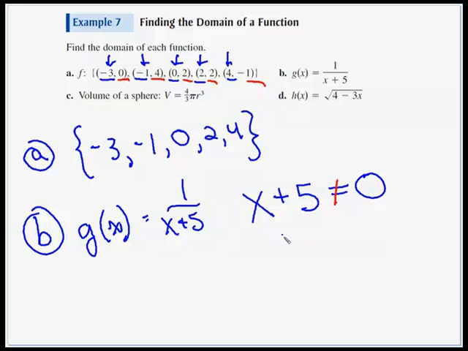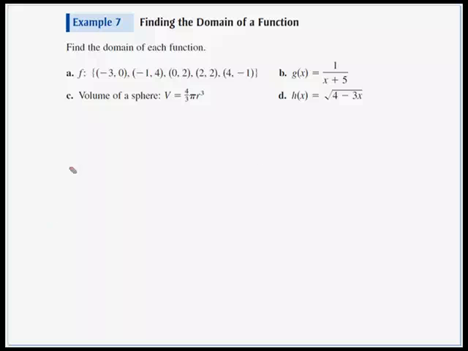To solve for x, subtract 5 from each side. x does not equal -5. All other numbers are in the domain. -5 is the one number that, if you plug it in for this x, will cause a divide by 0 scenario. And we don't want that to happen.